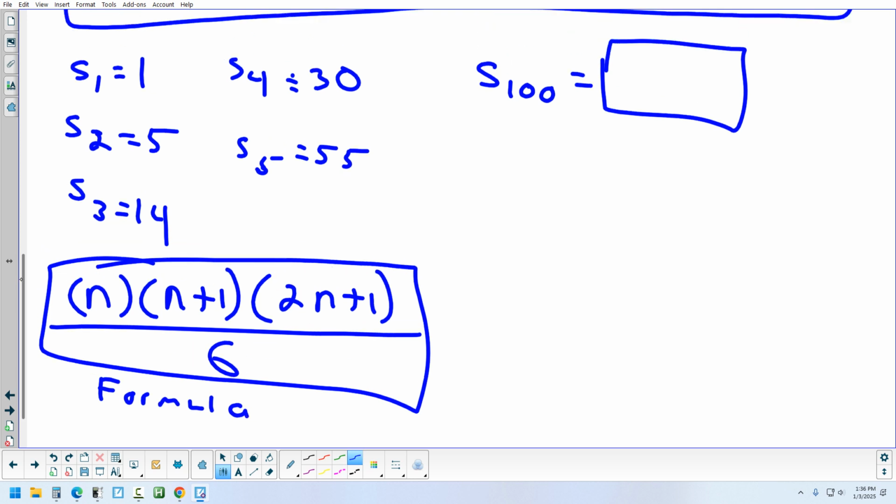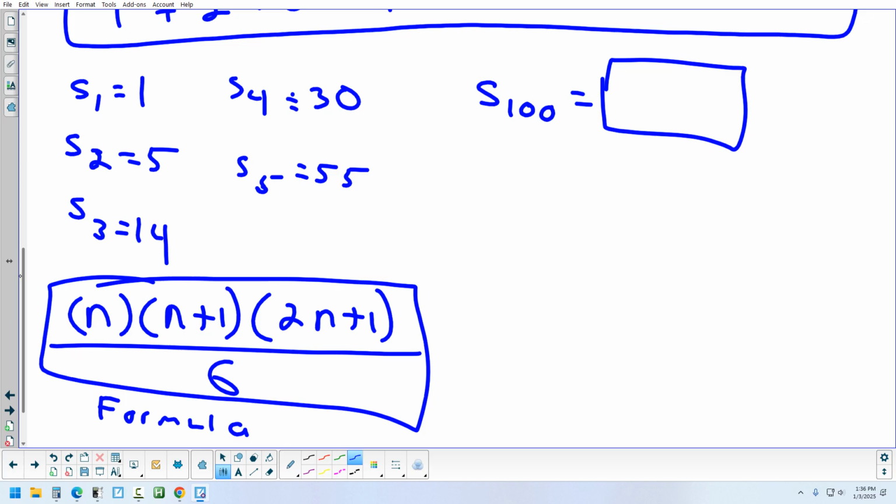Okay. So let's try adding up the first 3. So we should be able to plug a 3 in, and if it comes out to 14, we know it works. Okay. What if you plug a 3 into the first parenthesis? What do you get? 3. If you plug it into the second one? 4. And if you plug it into the third one? 7. 7 divided by 6. Okay.